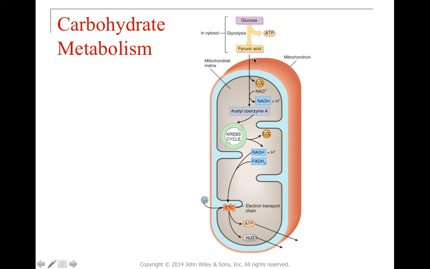What we can do once we toss that pyruvic acid into the mitochondria. Inside here, we're going to get it converted into acetyl coenzyme A. Again, that releases a little bit of NADH and some hydrogens, which we're going to use in the electron transport chain in just a minute. And then that acetyl coenzyme A is the introductory point to the Krebs cycle, which just goes round and round and round and constantly is producing NADH, FADH, carbon dioxide, and the hydrogens.